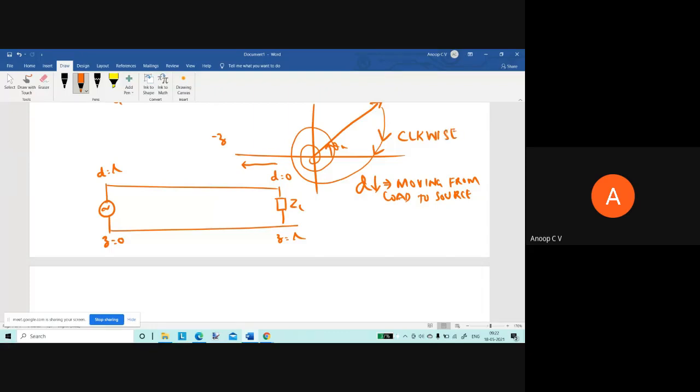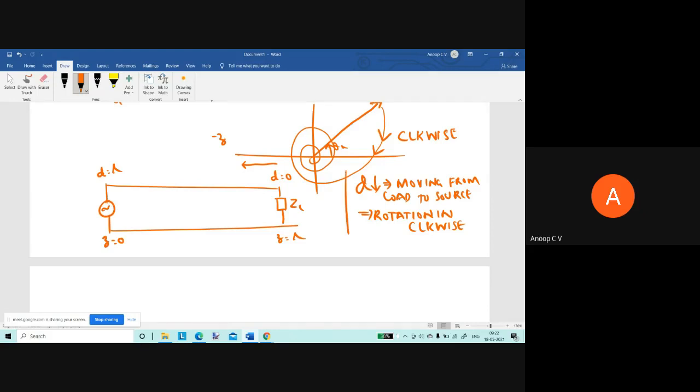We have seen it. So this is equivalent to rotation in clockwise. Later, after the construction of the Smith chart, I'll tell you that over a Smith chart, if I'm moving in clockwise direction, we are moving towards the source end.